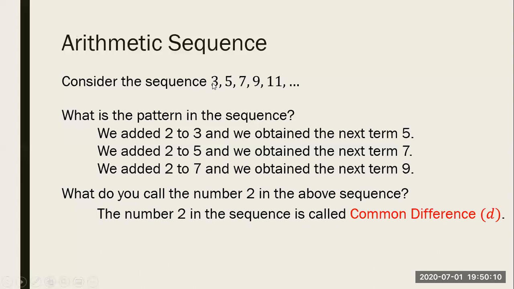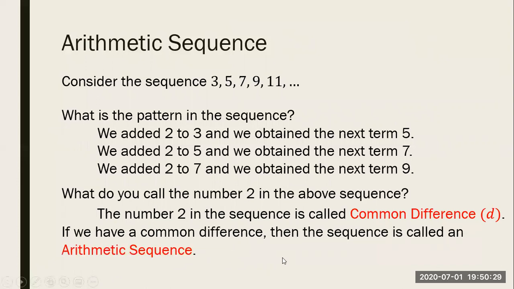Okay, subtract the first term from the second term, or subtract the second term from the third term, or subtract the third term from the fourth term. Okay, so we have the common answer na 2. So if we have a common difference, then the sequence is called an arithmetic sequence.